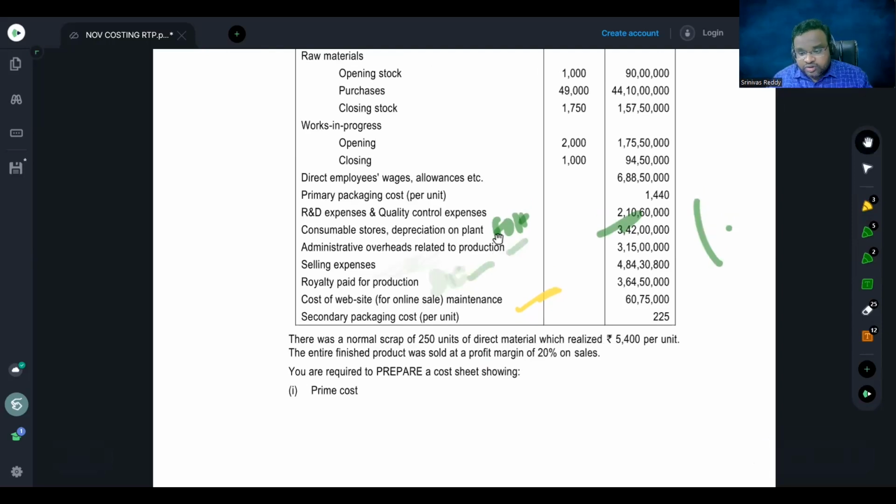The realizable value of normal loss will be reduced from the raw material consumed. There is no opening stock and closing stock. Everything is sold. So from cost of sales, we'll put 20%. So you'll get the sales value.